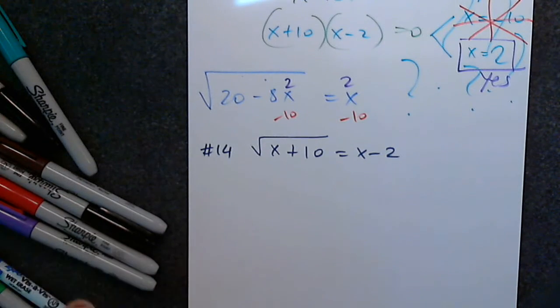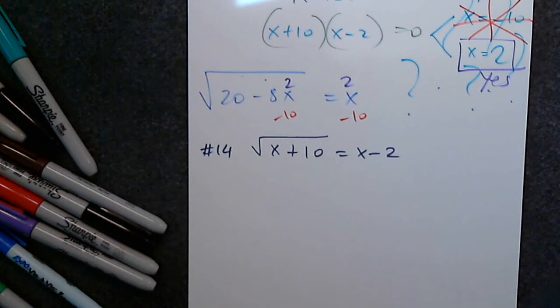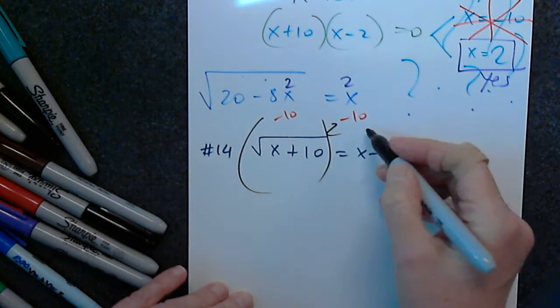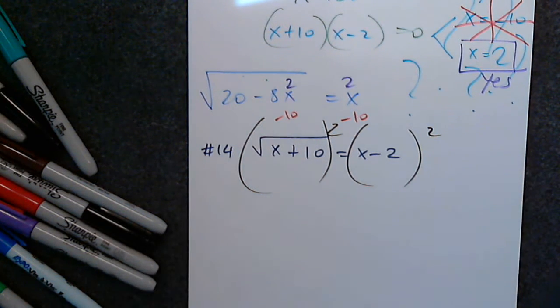Okay. So what do we do? Square both sides. Notice that we are not squaring term by term. Do not put a square on the x and the square of negative 2. Please do not do that. We square the left-hand side as one whole, and we square the right-hand side as one unit.